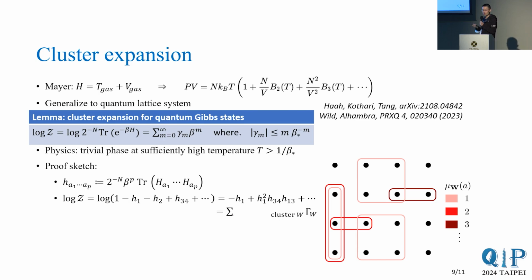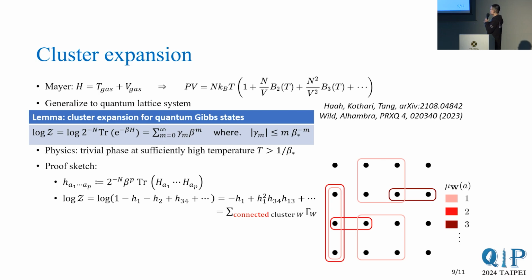And then one can organize this sum into a sum over clusters, where a cluster is basically to specify what local couplings are included in this cluster and how many times they are included. And the key observation for the convergence is that one can further restrict to just connected clusters.